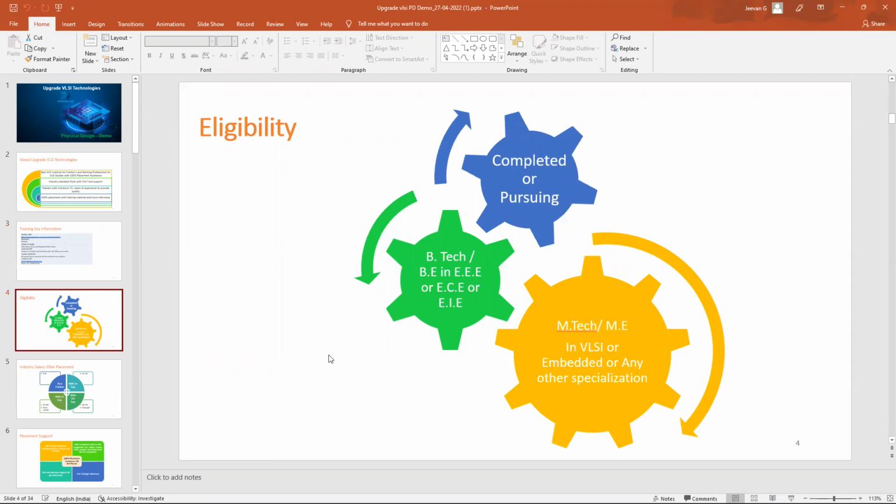I also know some people from BSc Electronics and MSc Electronics, a degree background, who got placed and entered this VLSI industry as physical verification engineers. What the difference is between a physical design engineer and a physical verification engineer, I'm going to tell you in the further slides. If you are doing your master's in VLSI or embedded systems or any other specialization belonging to electronics, then you are most welcome to enter this VLSI industry.